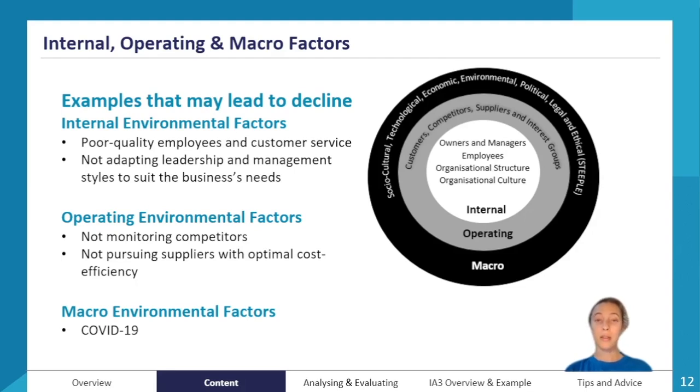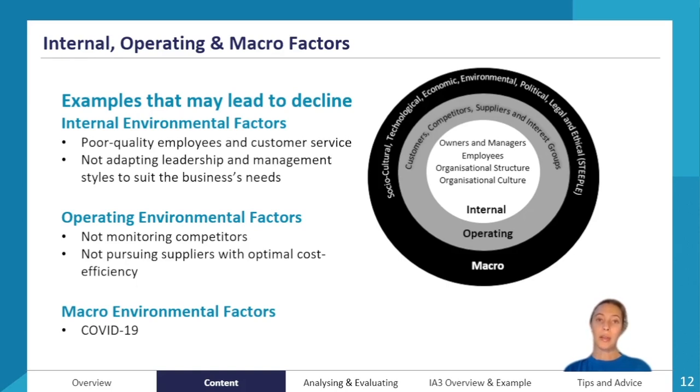Because if a competitor does something, you need to monitor that and make sure you're not falling behind. Suppliers impact operations because you're reliant on them for stock for whatever it is that you sell. And of course, customers, you rely on them to keep your business moving.